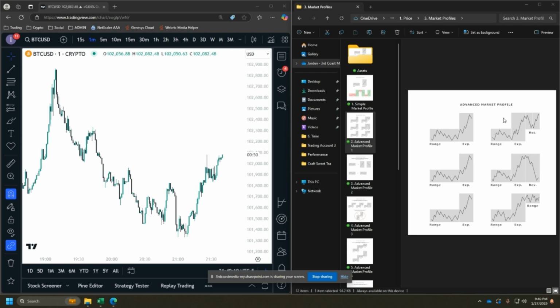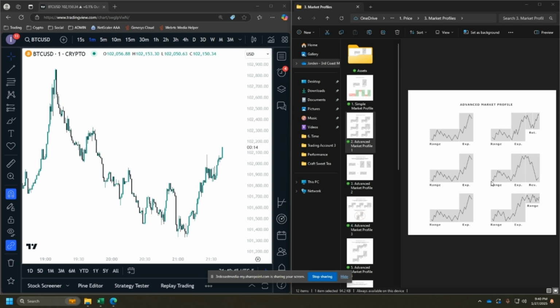So after an expansion, a retracement, a reversal, or another range can occur. So after an expansion, we have our three different scenarios where it begins with a range, and then we have an expansion. And then our first scenario, we have a retracement, which is where price goes down and then back up, or up and then back down.